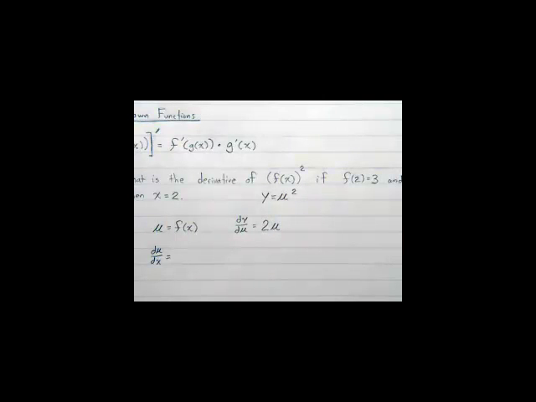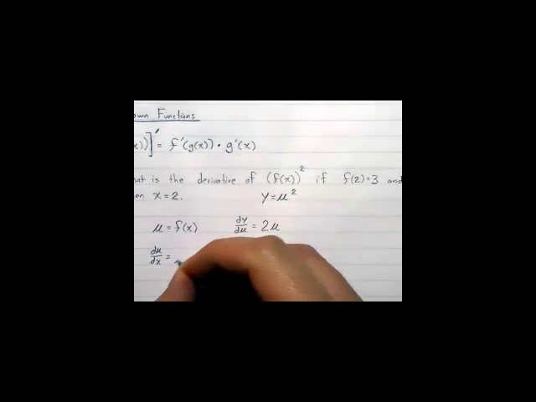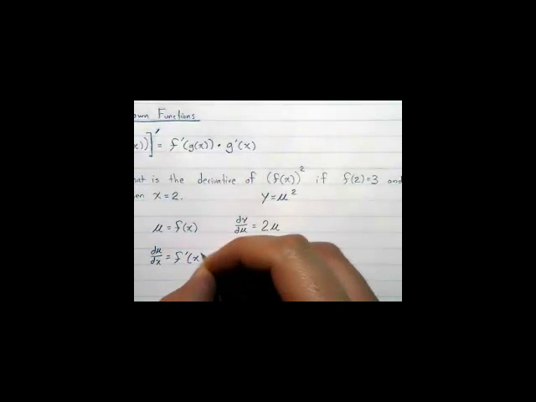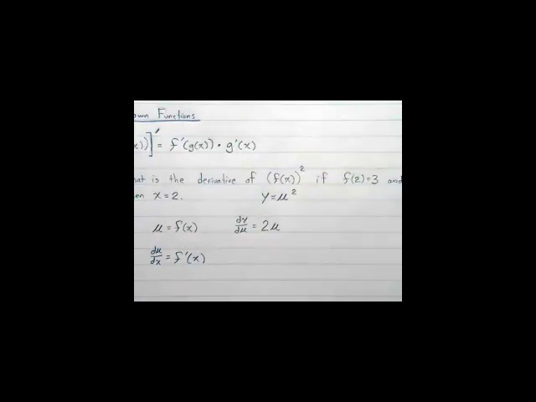And what's du dx? Because I don't know what f of x is, right? So all I know is I need to do the derivative of f prime of x. Just have to leave it like that because I don't know what it is. So just call it that. All right? And then the chain rule said multiply these two things together.